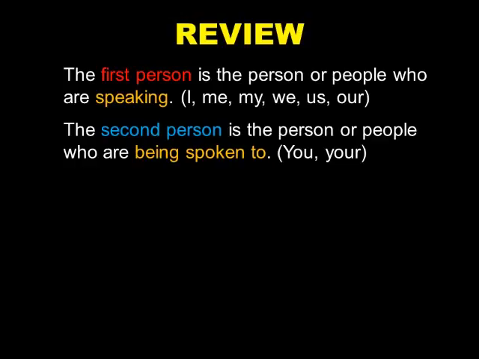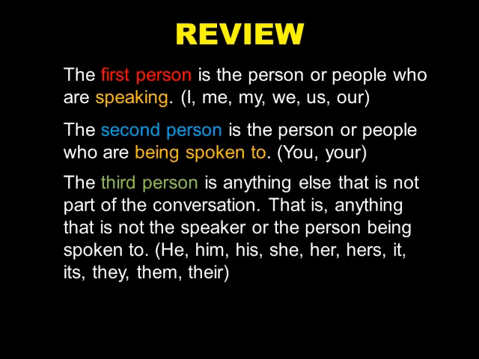We recognize the second person with English words like you and your. And the third person is anyone or anything else that is not part of the conversation. That is, anything that is not the speaker or the person being spoken to. We recognize the third person when people use English words like he, him, his, she, her, hers, it, its, they, them, and their.